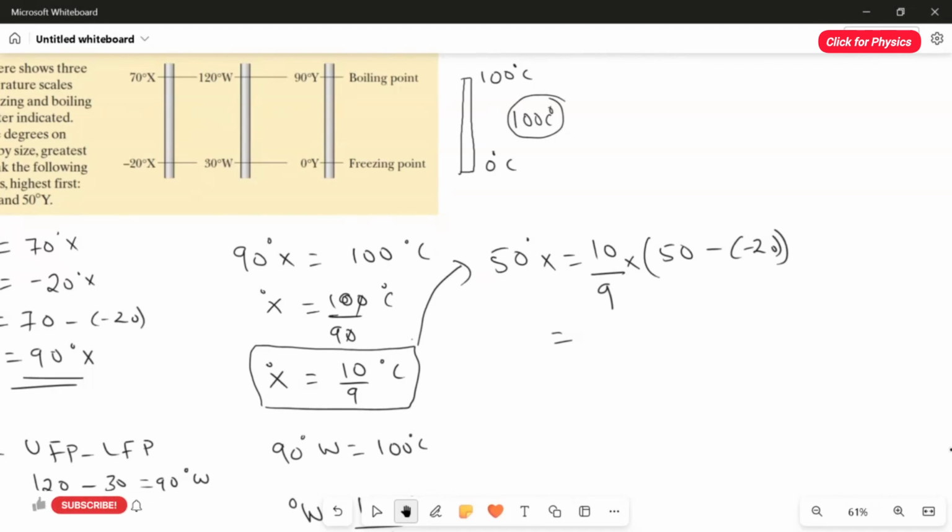Let me take my calculator. 10 over 9 multiplied by 50 minus minus 20, so 70. So 700 divided by 9. I got the answer as 77.77.